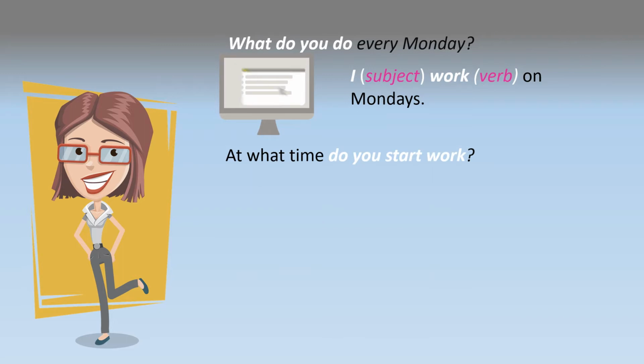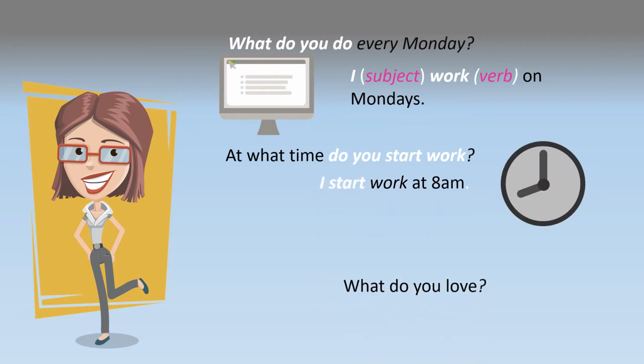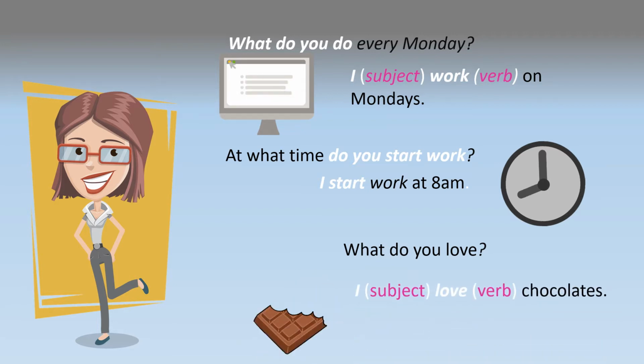At what time do you start work? And this is our fixed timetable. I start work at 8 a.m. What do you love? I, the subject, love chocolates. So you could say, I love chocolates. It's your state that we're talking about there.